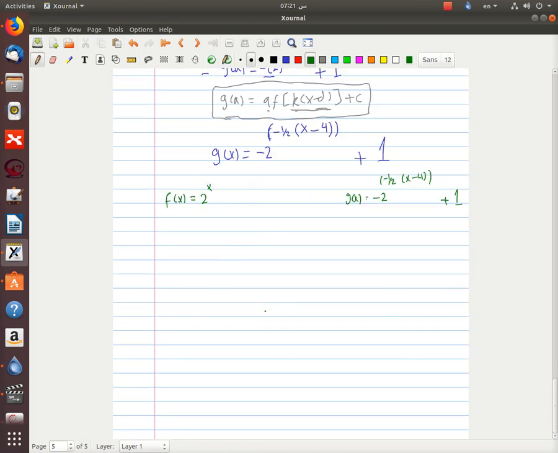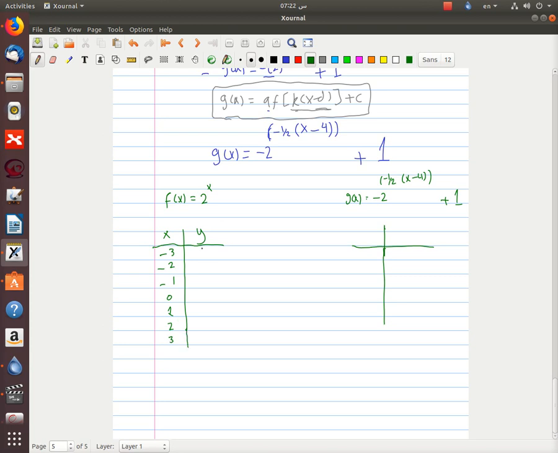What I'm going to do easily is a table of values. This is the input, this is the output. Now here I want you to focus. The input here is x, but it's transformed. I'm going to take every x here. Let me do this first: minus 3, minus 2, minus 1, 0, 1, 2, 3.